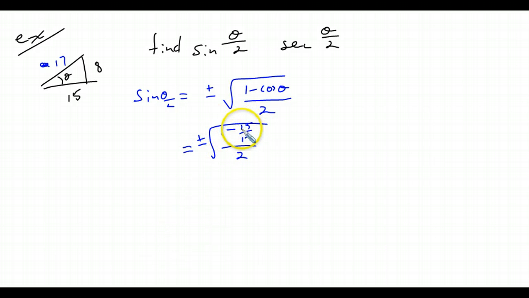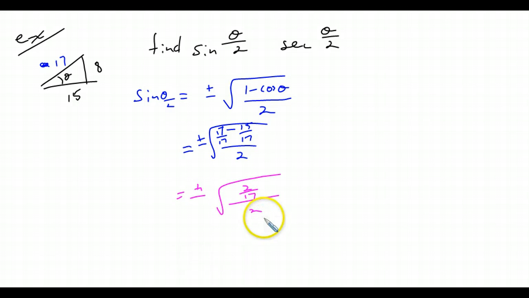Okay, common denominator on top, you'll have 1 is 17 over 17. So 17 minus 15 will be 2 over 17. So you have plus or minus root 2 over 17 divided by 2.